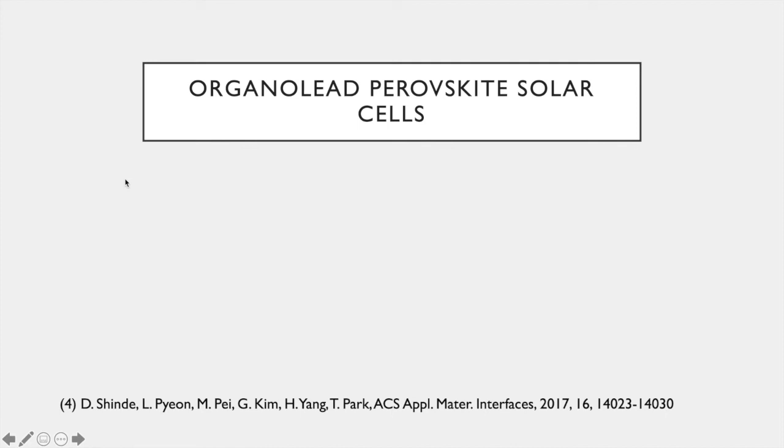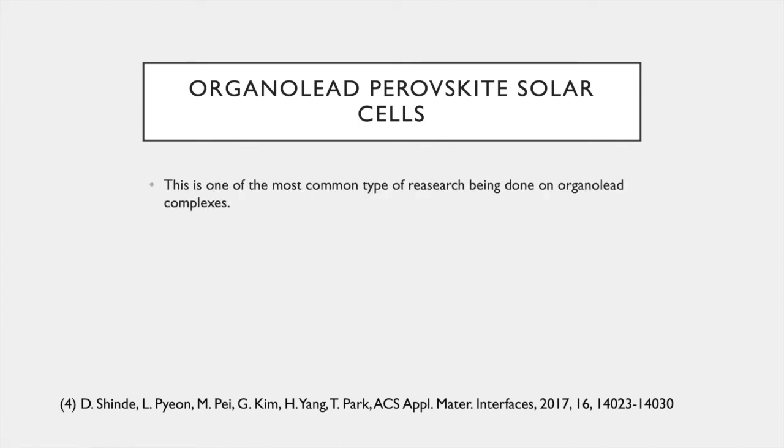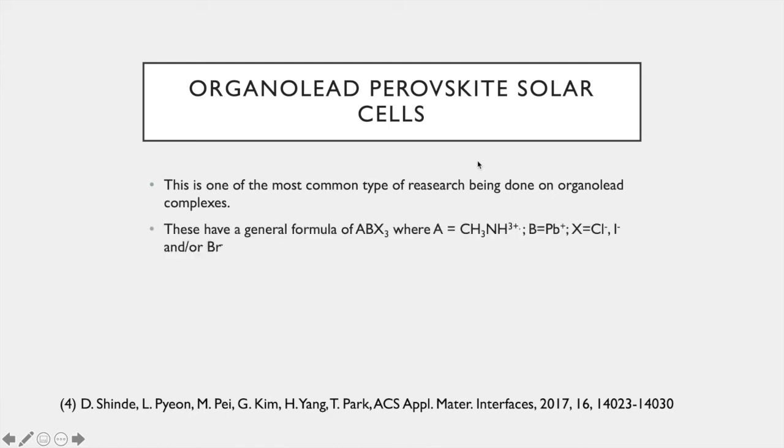One of the most important types of research being done on organolead compounds is perovskite solar cells. These have a general formula of ABX3, where A is CH3NH3+, B is the lead, and X is Cl, I or Br.